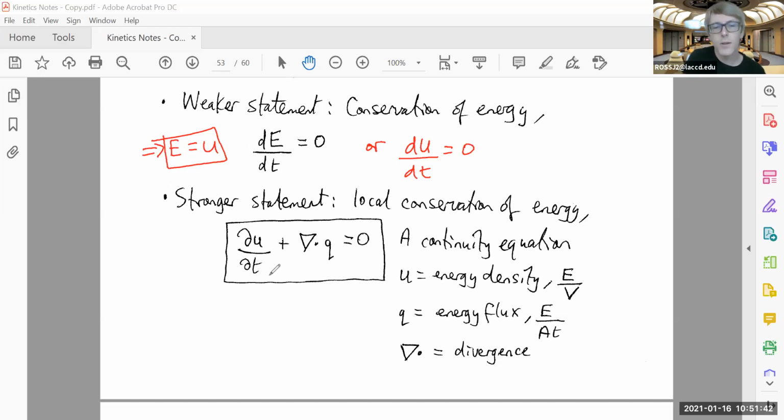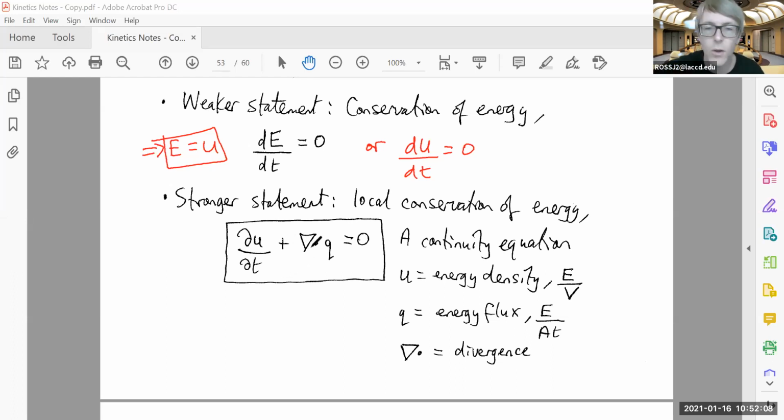This is the continuity equation for energy: the temporal change in the energy density, where this lowercase u is energy density, or energy per unit volume, plus this divergence, del dot.